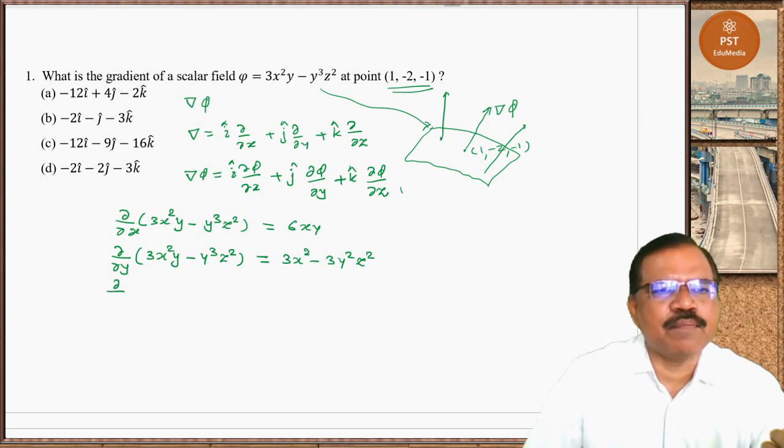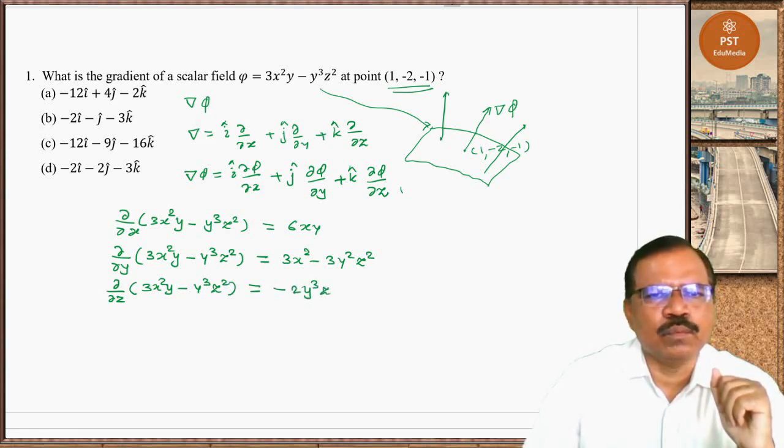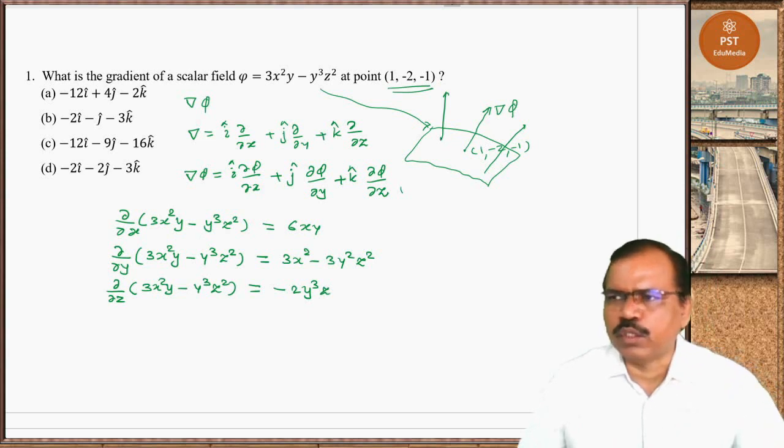And del by del z of phi: the first term is 0 and the second is minus 2y cube z.